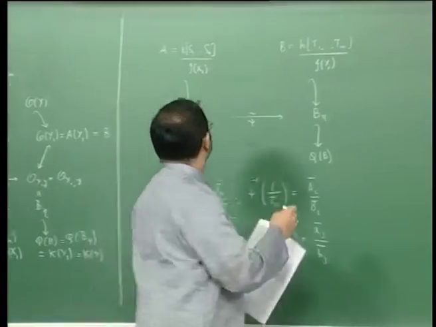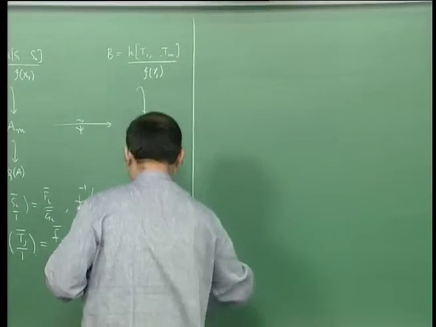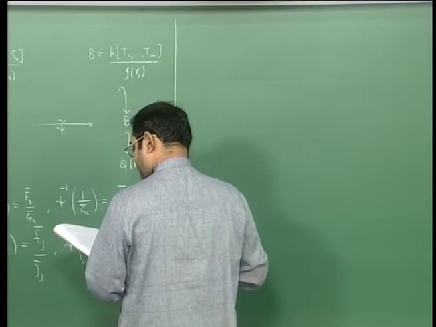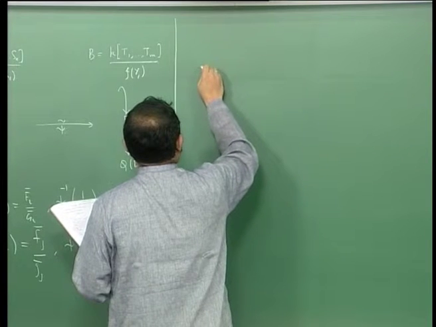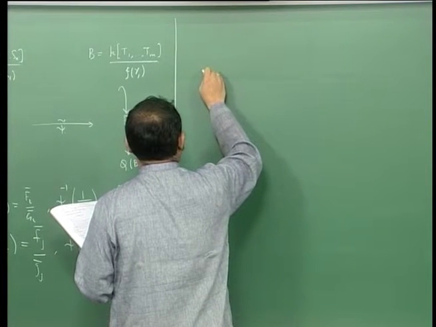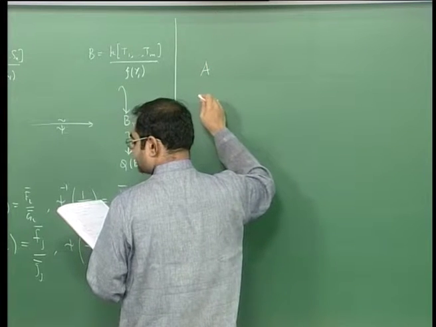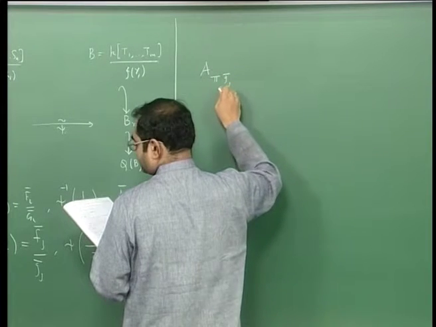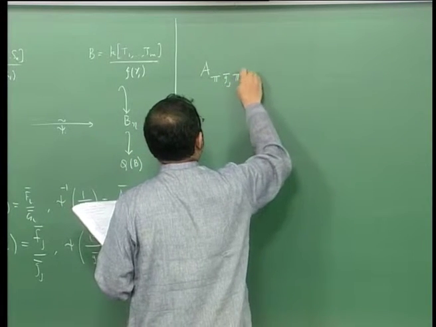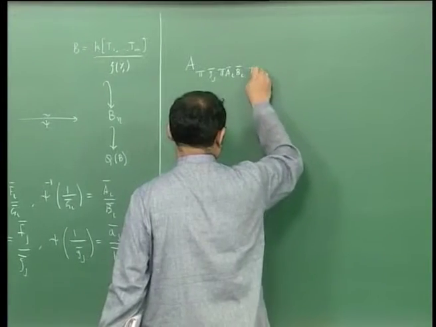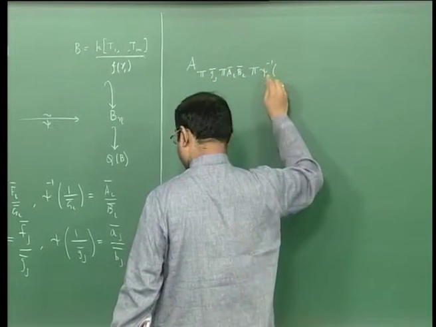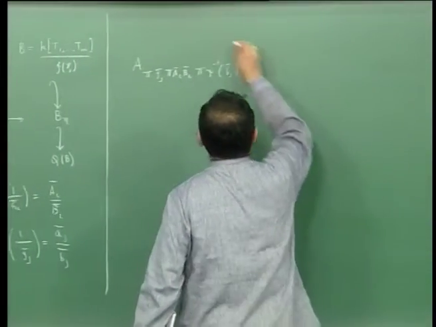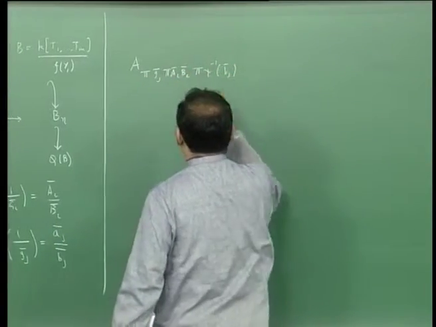So this is what I have. Now what I want you to check is that if you take this set, this localization of A localized at the product of Gj bar, the product of Ai bar Bi bar, the product of psi inverse of Bj bar, okay, and you take this localization.